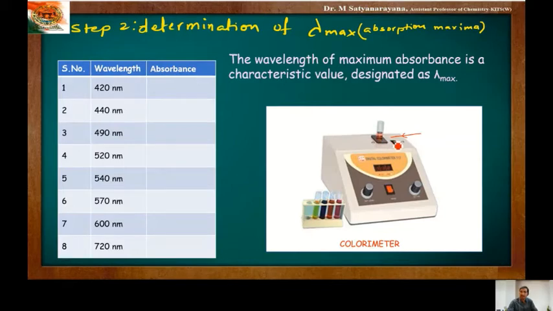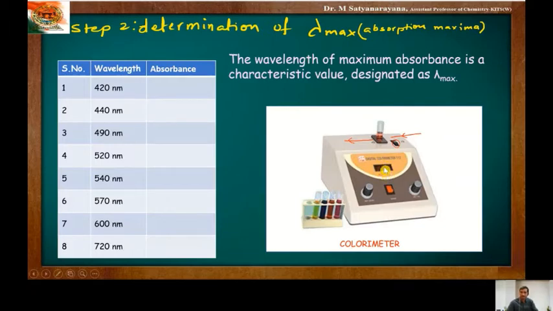This filter passes only a fixed wavelength of light from the light source, and it goes to the solution tube, and the transmitted light goes to the detector. The detector analyzes the transmitted light and gives the information about the absorbance and percentage of transmittance on this display.